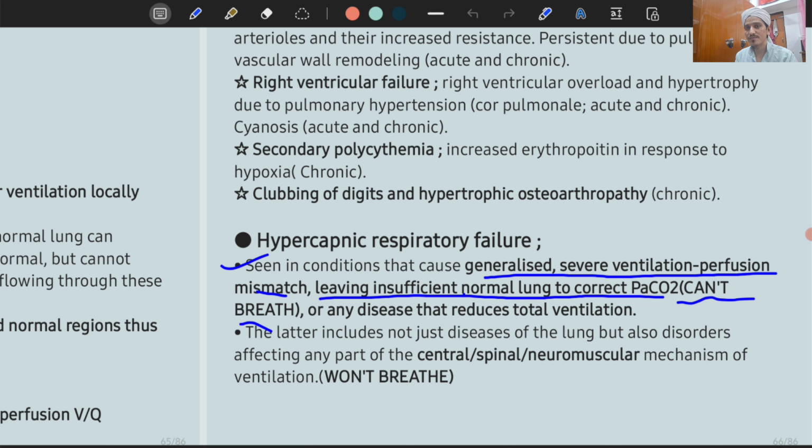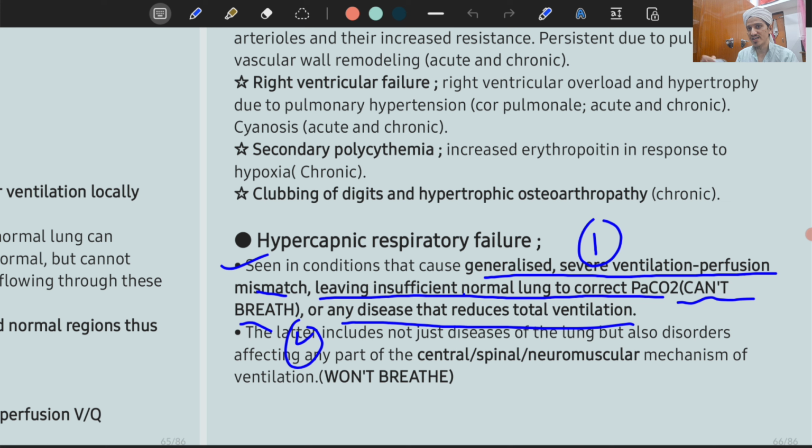So the PaCO2 will increase. This is one cause. The second cause is any disease that reduces the total ventilation of the lung. For example, generalized diseases like upper airway obstruction that affect the ventilation. Ventilation is nothing but the cycle of breathing: inspiration, pause, then expiration, inspiration, pause, and expiration.